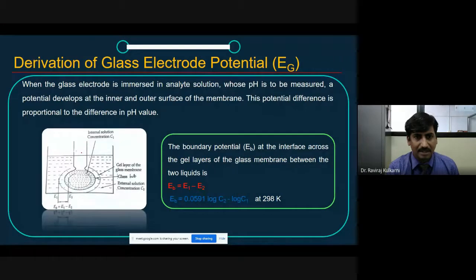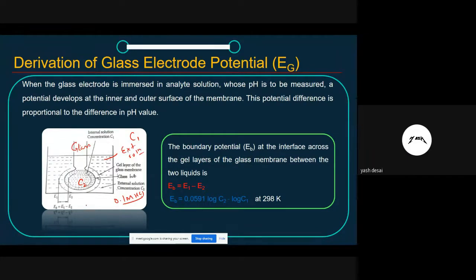This is dipped in the external solution. I'll take the concentration of the external solution as C1 and the internal solution concentration as C2. We know the internal solution concentration. It is 0.1 molar HCl, right?